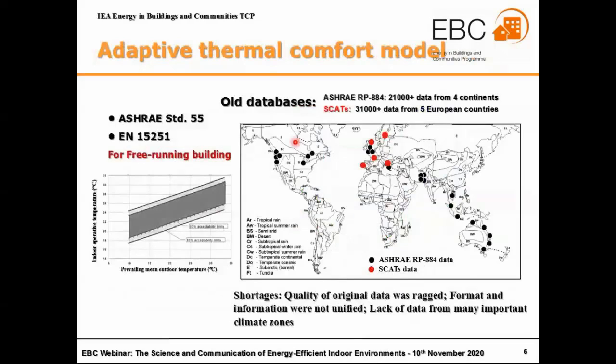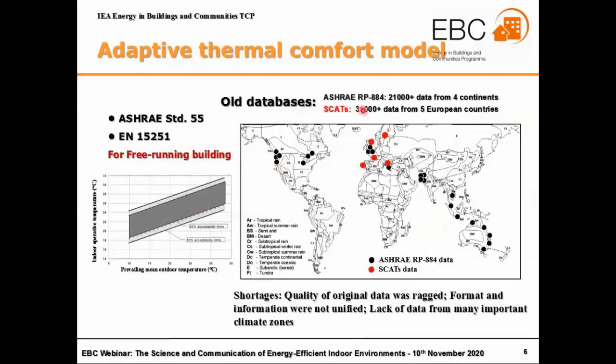So, just now was the air conditioning building. The next one is about free running buildings without a mechanical system. For free running buildings, we are now using the adaptive thermal comfort model. In fact, the adaptive thermal comfort model is a black box model, and all the data is from two databases.